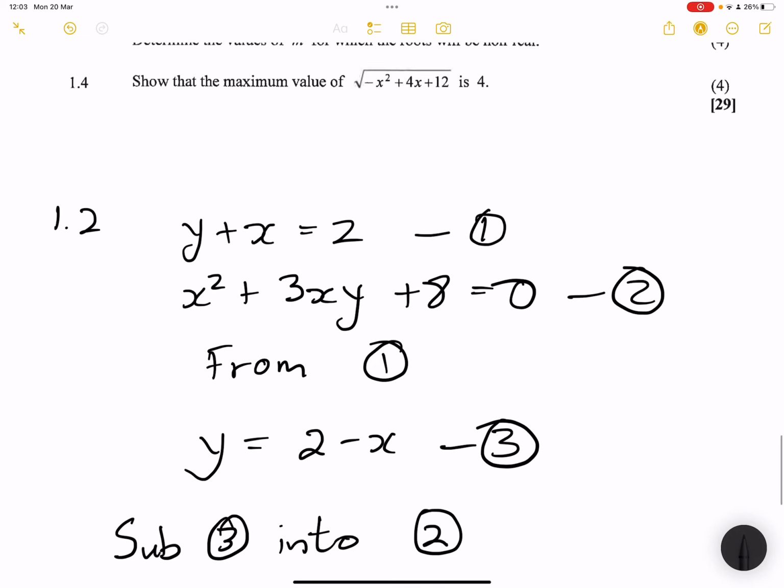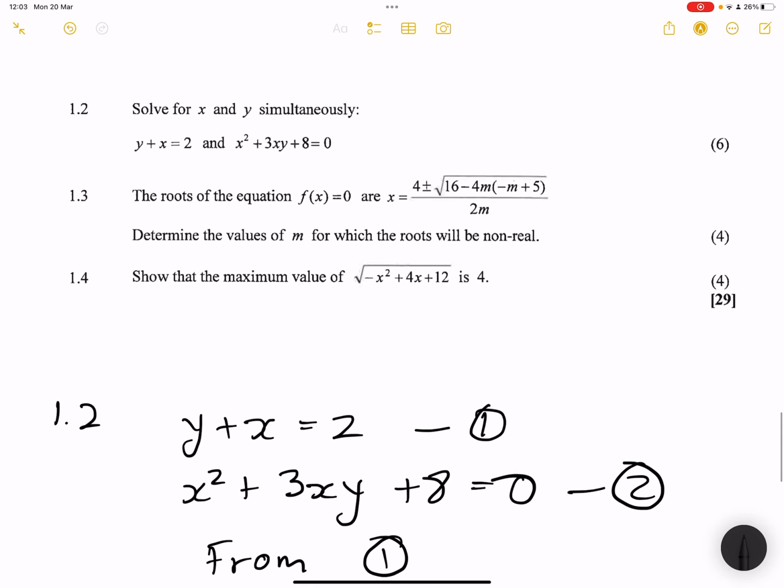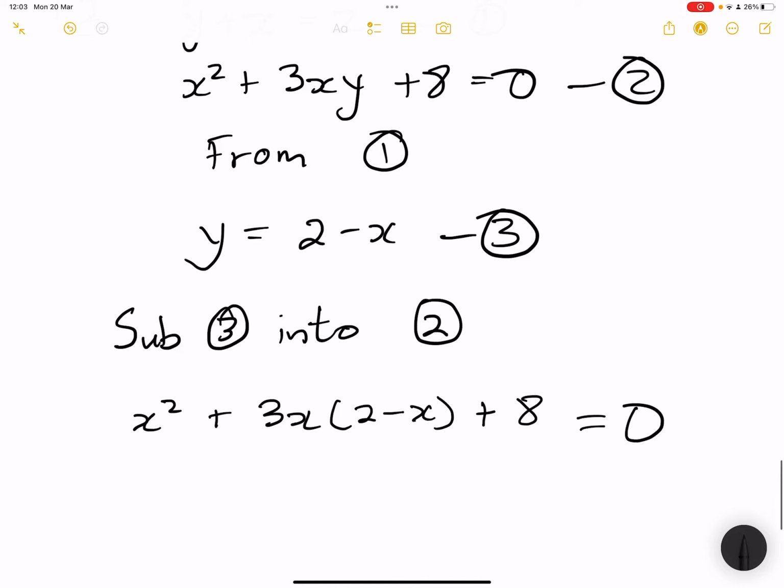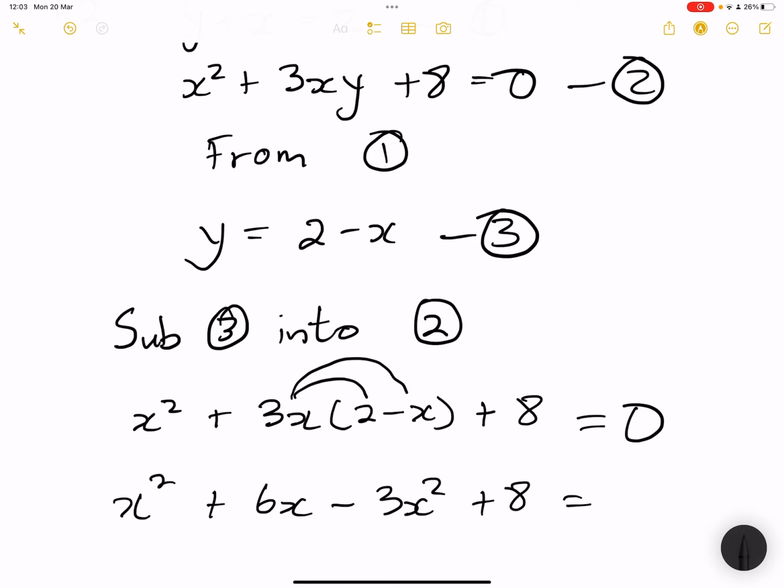Okay, I think I've got everything there. And this is equal to 0. Right, so what do we have? We've got x squared plus 6x, 3x times 2, and 3x times negative x, that's minus 3x squared, plus 8, which is equal to 0, right?